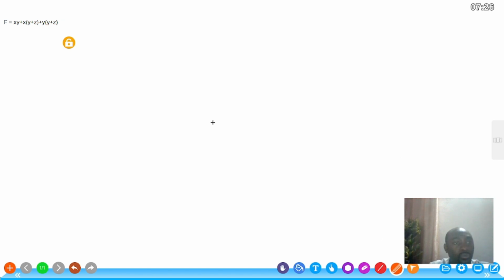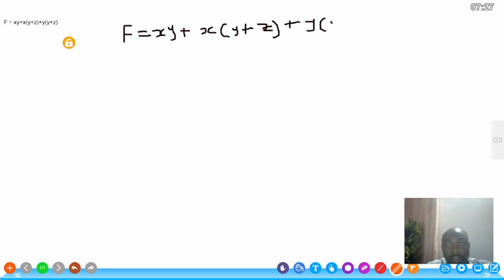Remember, we are given f is equal to xy plus x into bracket y plus z, you close your bracket, and then you have also plus y into the bracket of y plus z. So we're asked to simplify this.